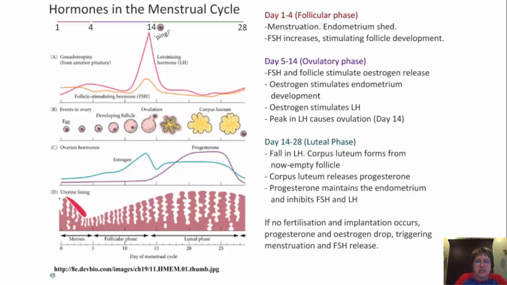If no fertilization and implantation occur, then the progesterone and the estrogen will drop. You can see that here, dropping, and that will trigger the cycle to happen all over again. If fertilization and implantation do occur, then the progesterone and the estrogen will not drop, and the endometrium lining will stay high.